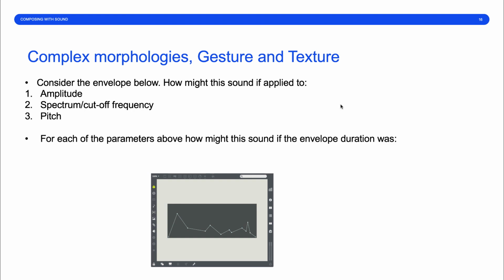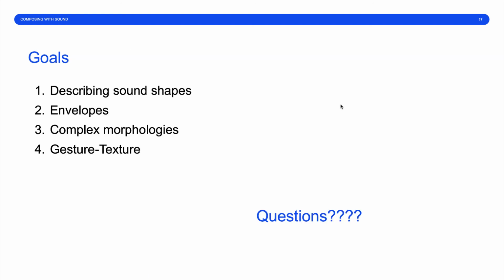For each of the parameters above, how might this sound if the envelope duration was 100 milliseconds long, so a tenth of a second, 1,000 milliseconds, a whole second, or 10 seconds? Imagine the results of those different types of operations on the sound and think of those as perhaps the starting point for a moment in a composition.